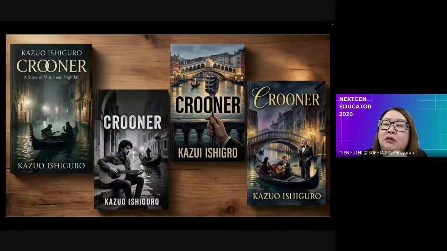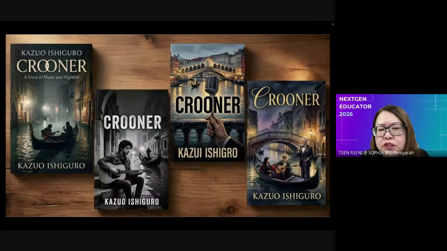However, the downside of using Gemini is that sometimes, for example, the name of this author is Kazuo Ishiguro, but you will see on the 3rd book, Gemini changed it to Kazui. So this sometimes will be the cons of using Gemini. It will not be very specific. There are some mistakes, so you as a user cannot just take it exactly as it is.